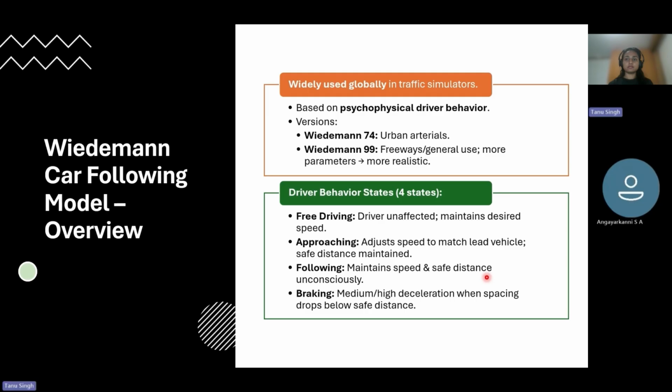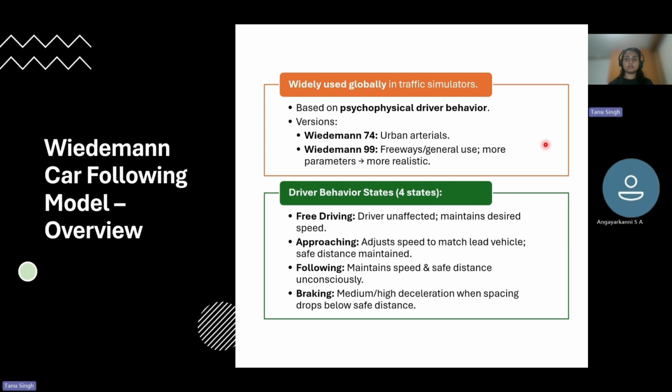The fourth state is braking, where medium or high deceleration is applied when the spacing falls below the desired safety distance. So these are the four driver behavior states that the model has defined.